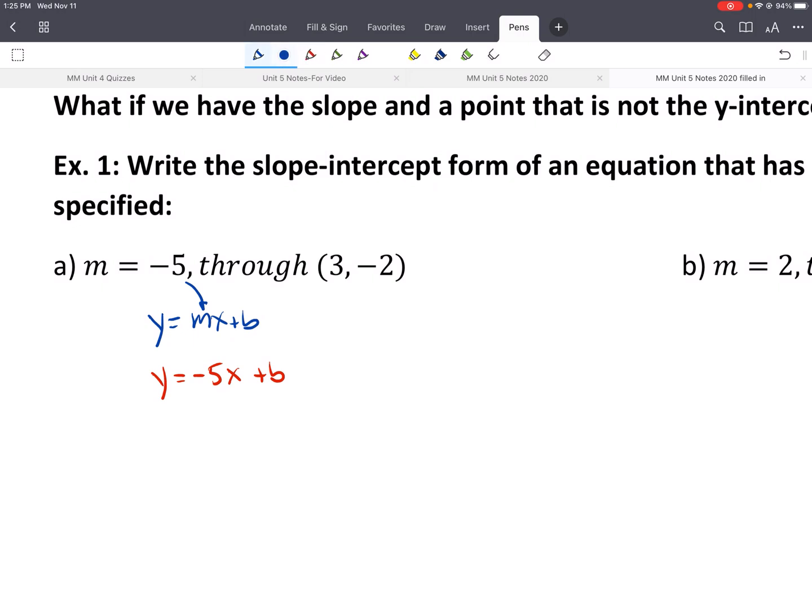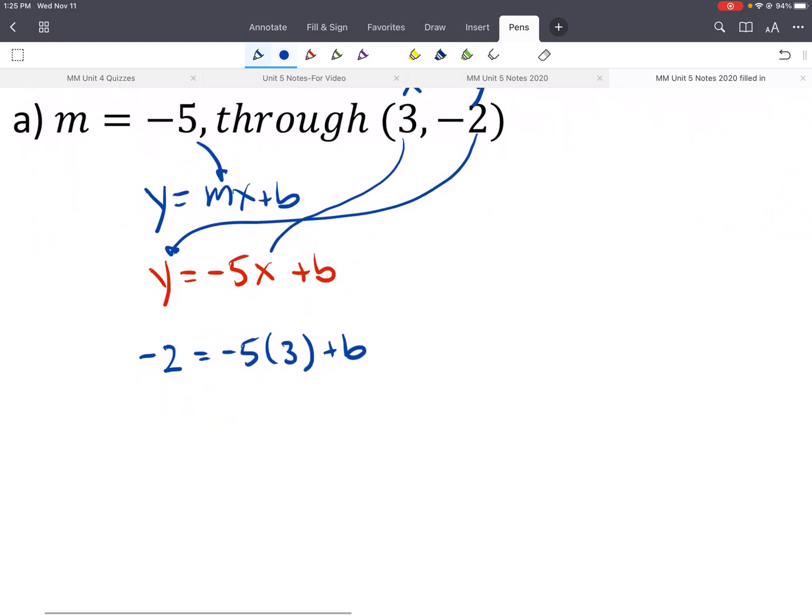But since we have this point, this could be our x and this could be our y, we can substitute those into our equation and we can solve for b. So -2 is equal to -5 times 3. That comes from here. And then we'll do plus b, and we can solve for b and find what our y-intercept is. So multiply that together, that gives us -15 plus b.